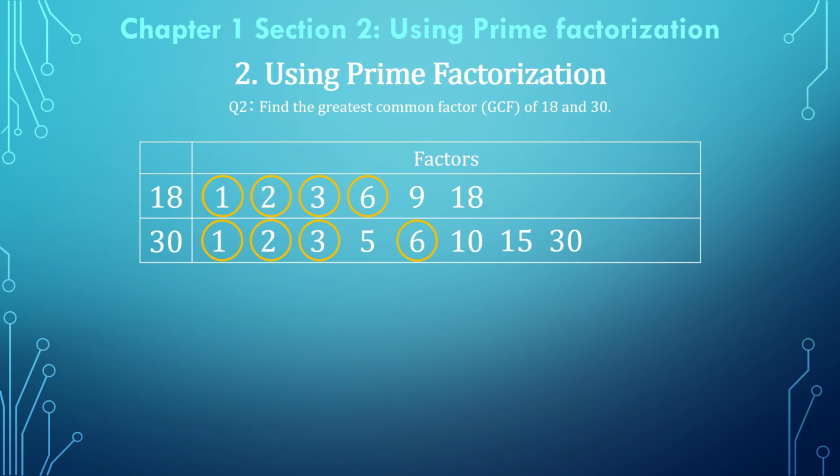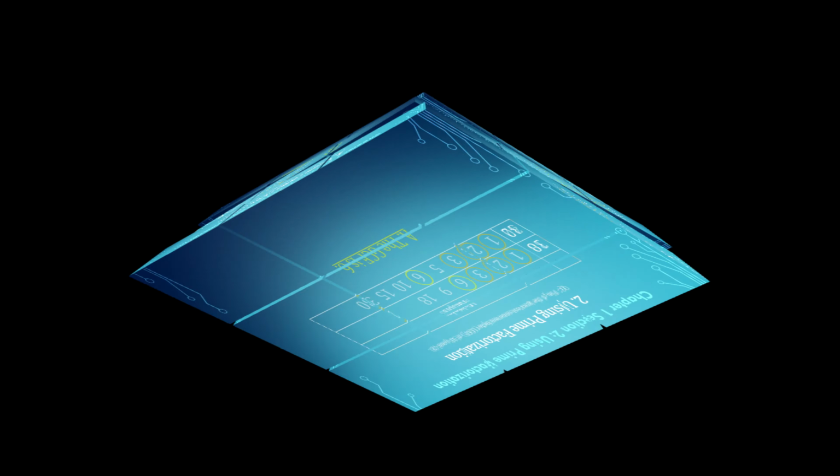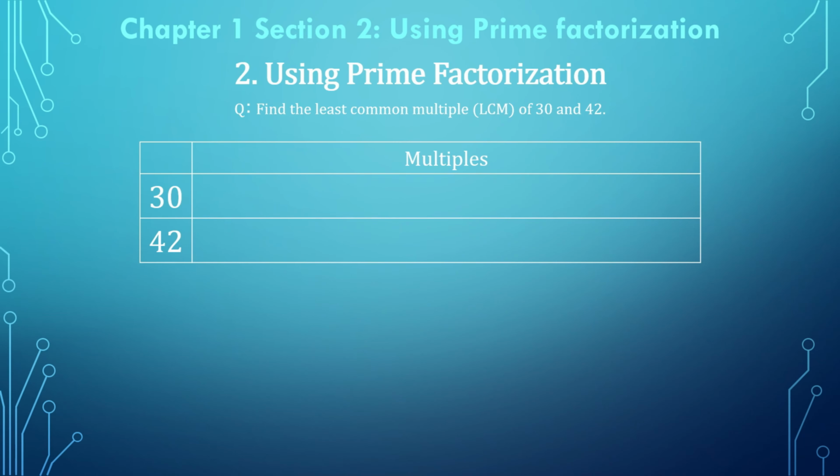As you can see, 6 is the largest, so the GCF is 6. The way to find LCM is simpler. You just multiply 30 by 1, 2, 3, 4, 5 and so on. Accordingly, you get 30, 60, 90, 120, 150, and so on.